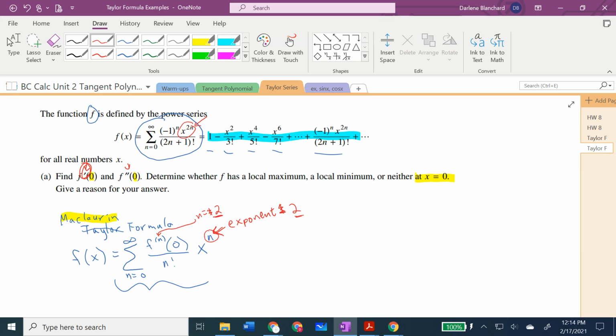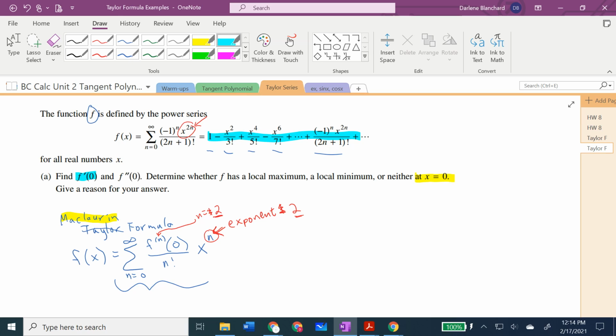But something also to be aware of. You only know values of these derivatives at the center. If they asked you to find the first derivative at 0.5, they messed up the question if the center of the polynomial is 0.